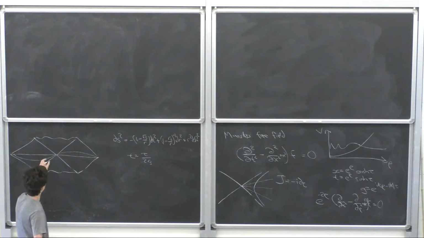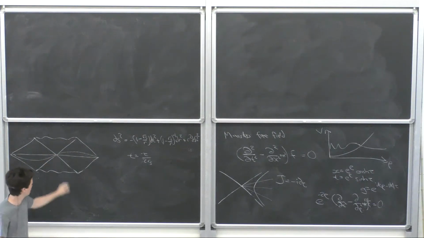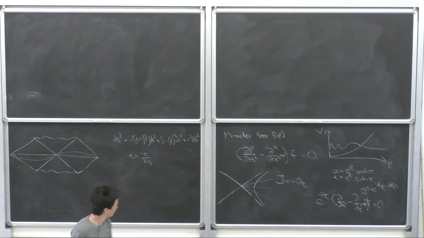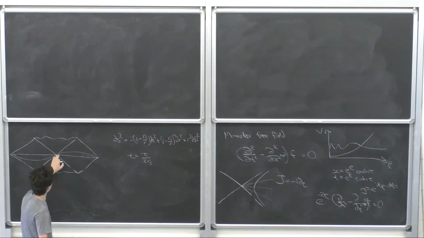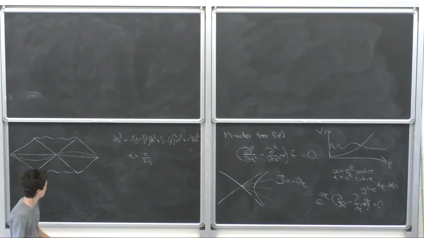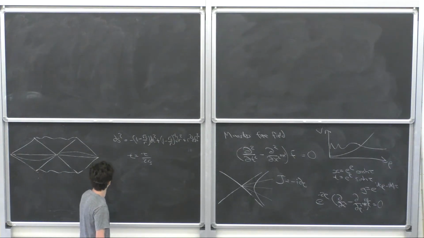So if our state is going to look smooth at the horizon, then in the very near horizon region, modes localized that have constant Schwarzschild energy should be thermally excited with inverse temperature beta equals 1 over 4 pi r_s.